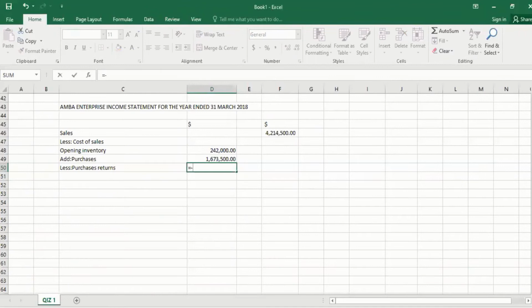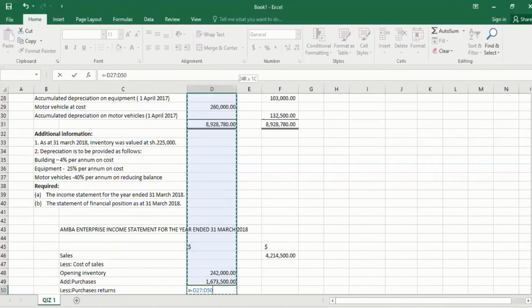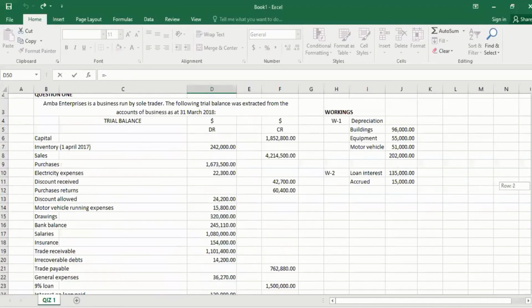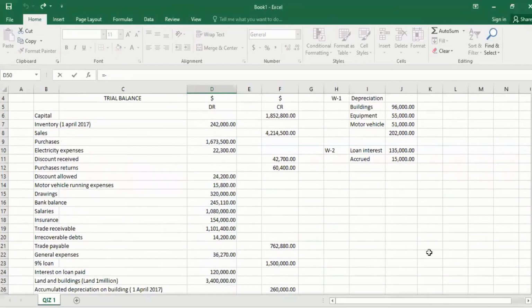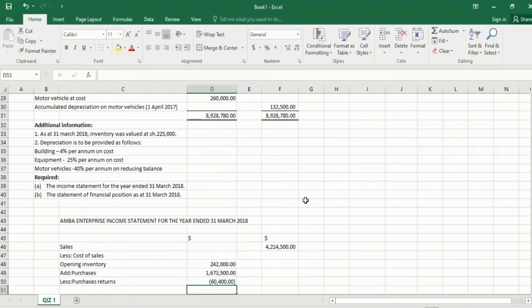Purchases returned, what was returned from the purchases? So we can have it there.